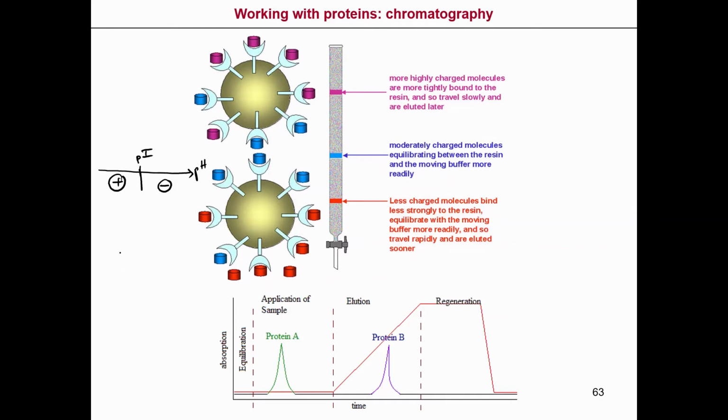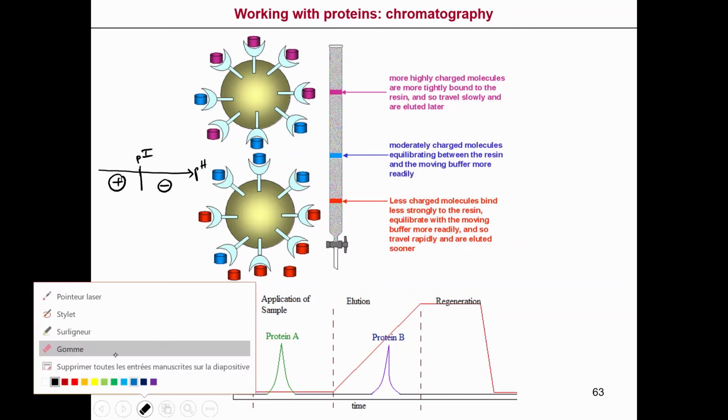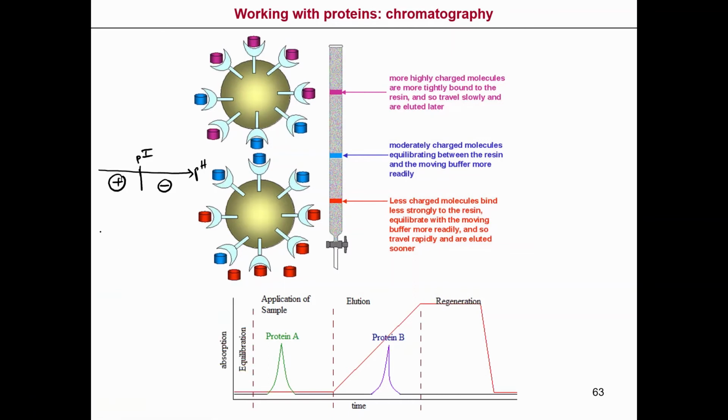Okay. For example, if we take two proteins. The first one has a pI at 7. The second one, the B protein, has a pI at 6. And let's say that the pH of the buffer is 8.